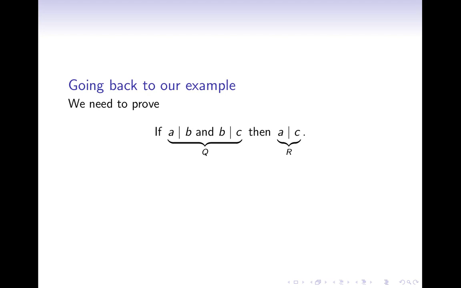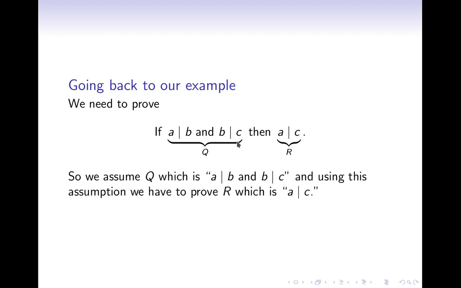According to principle 2, you do what we did when we did this proof earlier. You assume Q is true. In other words, you assume a divides b and b divides c. And then using this assumption, you have to prove the conclusion of the if-then. You have to prove R, which in this case is a divides c.